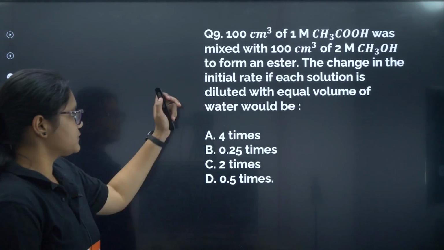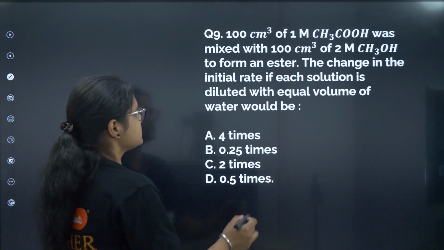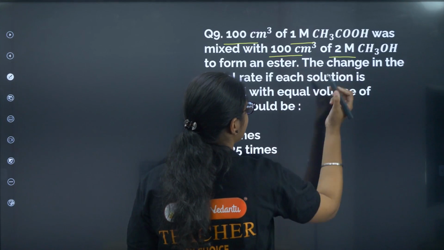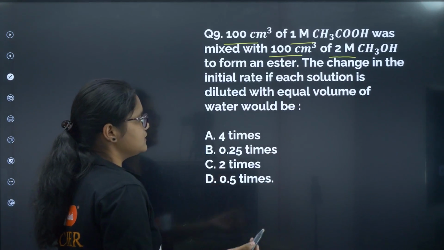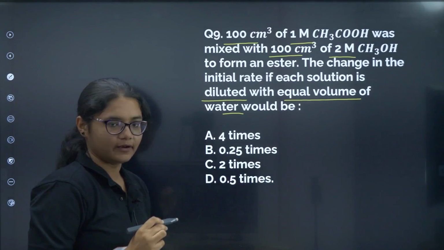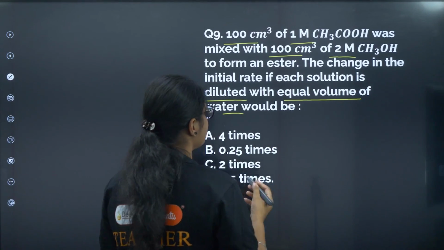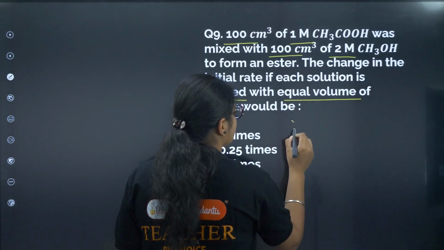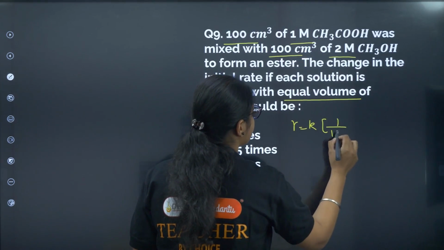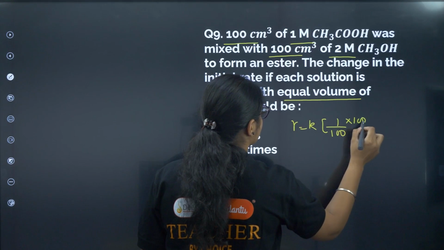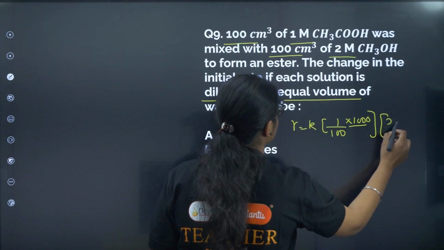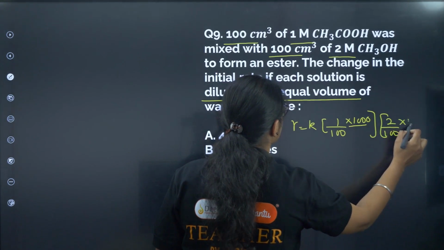Next. Okay, this question is very similar to the one which we have already solved. 100 ml 1 molar acetic acid was mixed with 100 ml 2 molar ethanol. What is the change in the initial rate if each solution is diluted with an equal volume of water, right? Okay, so again we can do the same thing. R is equal to k into concentration of acetic acid, which will be 1 mole in 100 ml into 1000, divided by 2 moles in 100 into 1000.